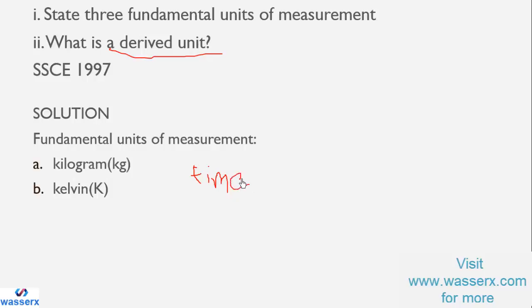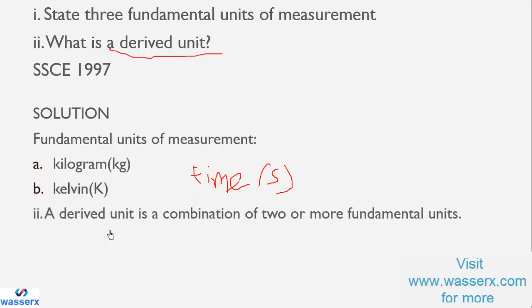So this is the third example. Then also we are supposed to define a derived unit. A derived unit is a combination of two or more fundamental units.